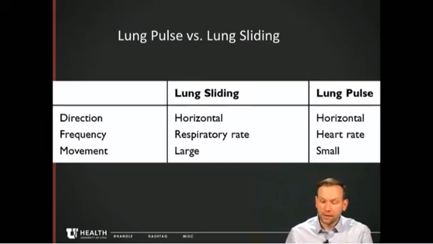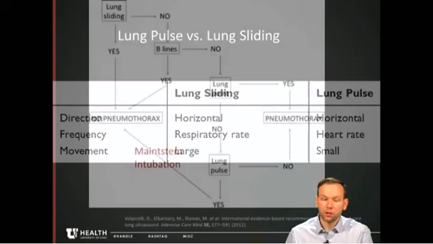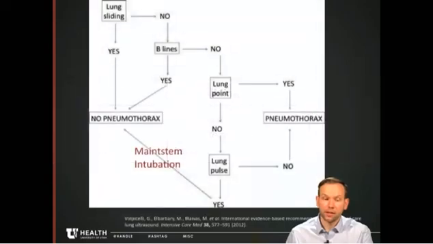So we're going to take this back because I think it's helpful to look at this image, showing that the only reason you would need to do a lung point is if you saw no lung sliding and no B lines. And the only reason you'd need to do a lung pulse is if you saw no lung sliding, no B lines, and no lung point.